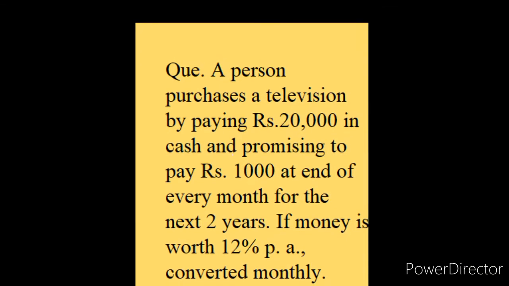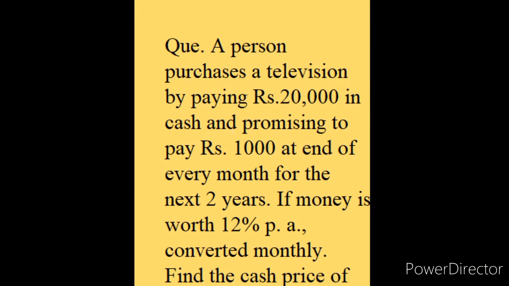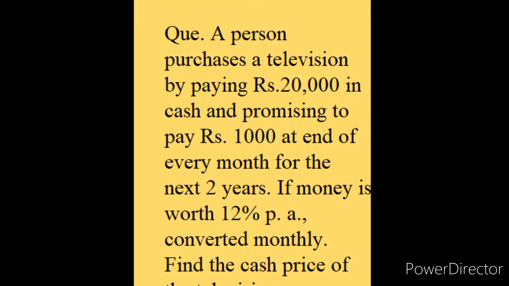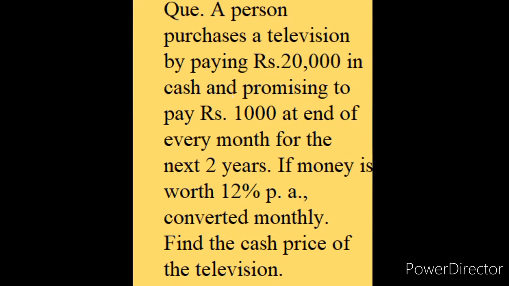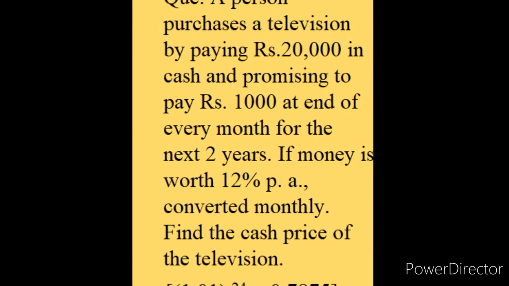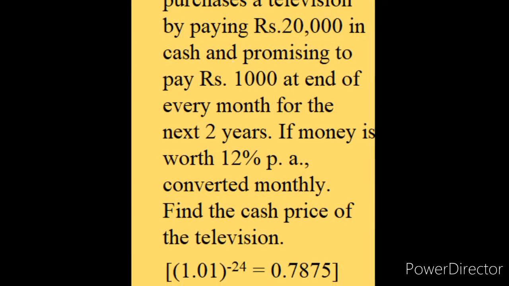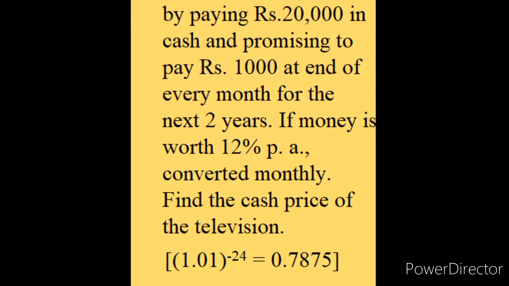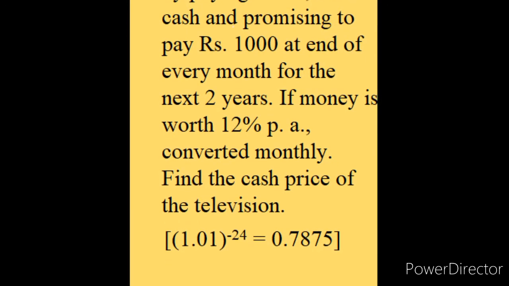A person purchases a television by paying rupees 20,000 in cash and promising to pay rupees 1,000 at the end of every month for the next 2 years. If money is worth 12% per annum converted monthly, find the cash price of the television.